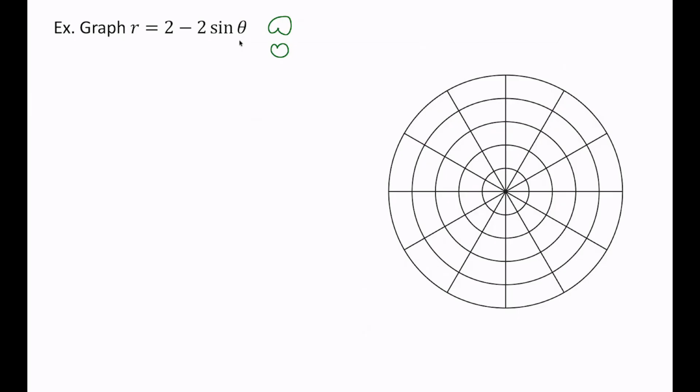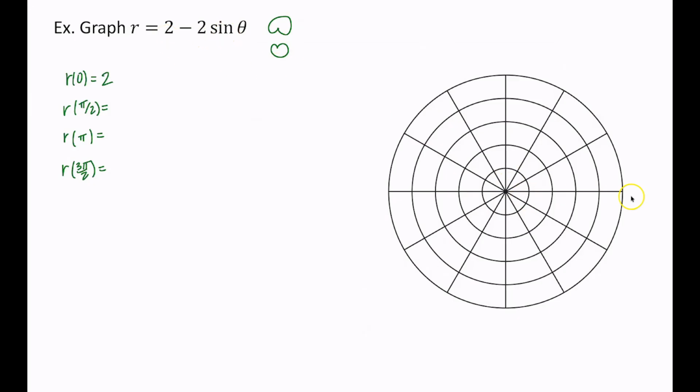I'm going to go ahead and substitute in 0 and pi over 2 and pi and 3 pi over 2. I may not even need all of those, but if I plug in the quadrantal angles and plot those points, I can figure out which one it's going to be. If I substitute in 0 as an angle for theta, I'm going to get 2 minus 2 times 0, and so 2 minus 0 is 2.